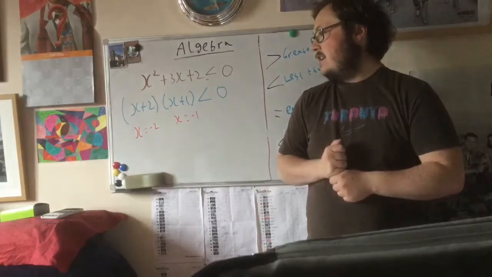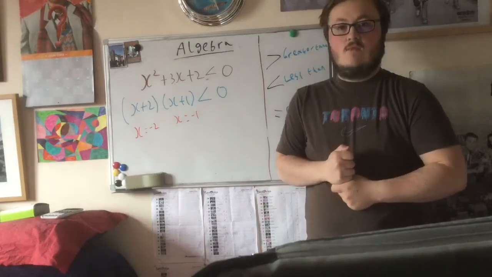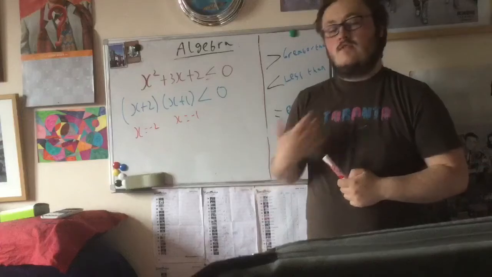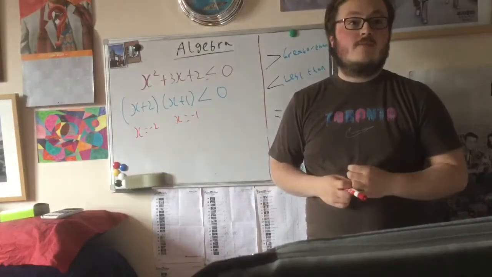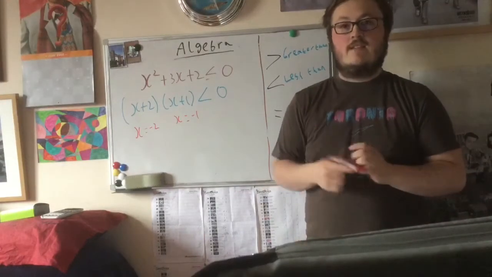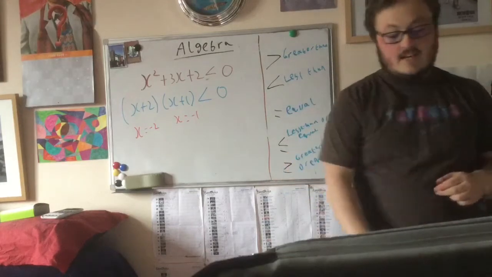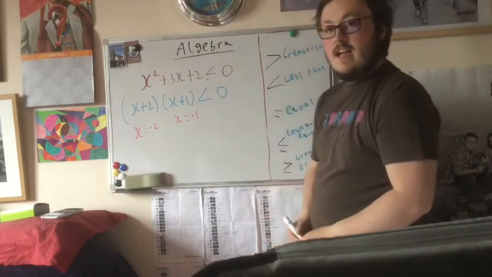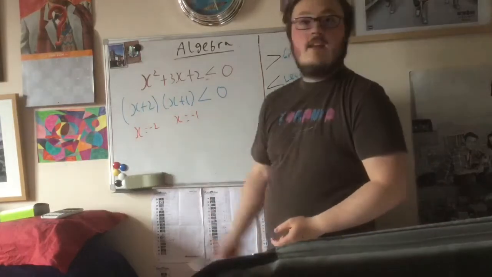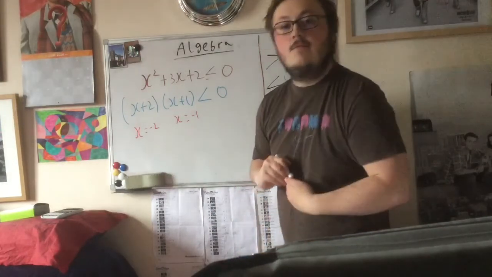When we get to values that are past -1, so 0, 1, 2, 3, we also reach values that are greater than 0. But we only need to think about the values that are less than 0. So we have to say that the range of values are between -2 and -1.